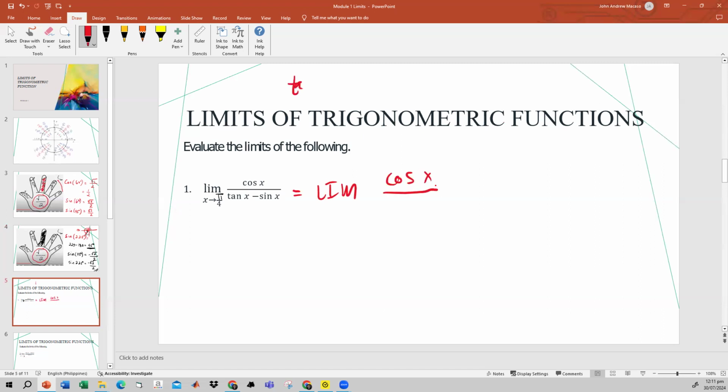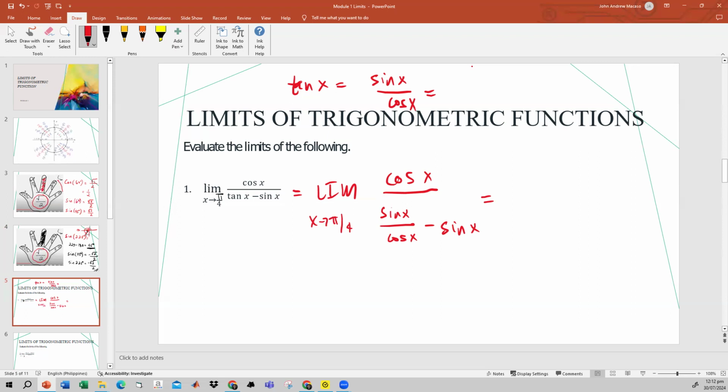We know that tan x, class, is just equal to what? That's equal to sine x over cosine x, right? So this will become sine x over cosine x minus sine x, as x approaches pi over 4.